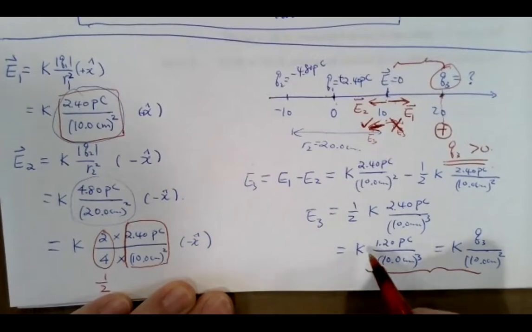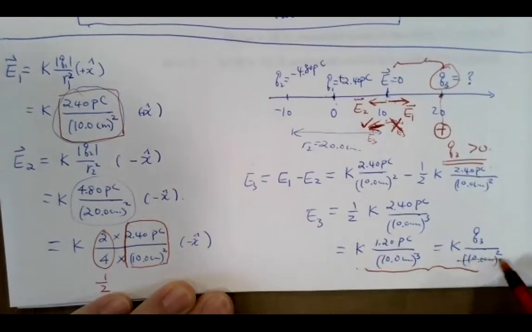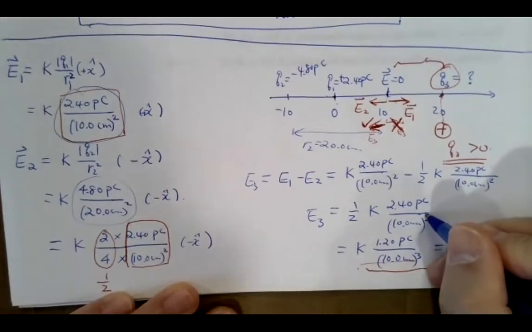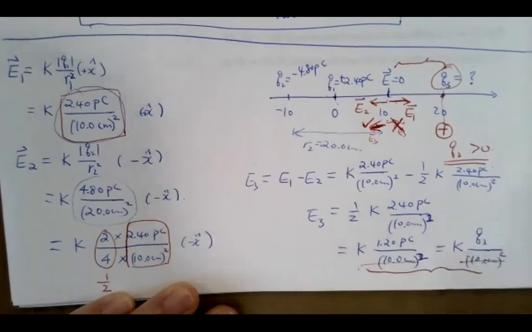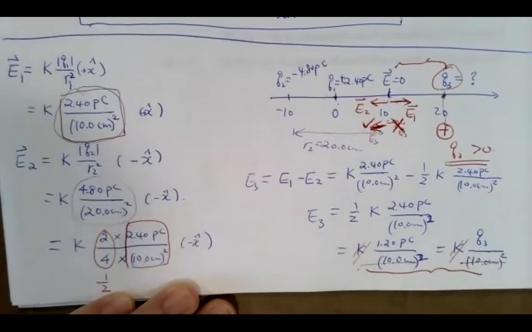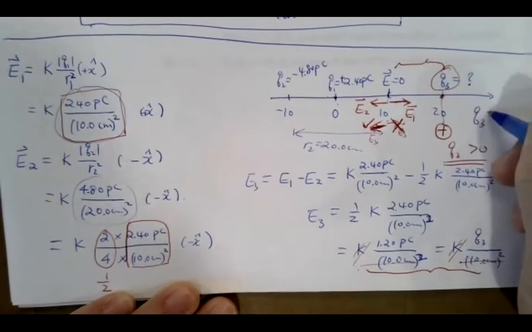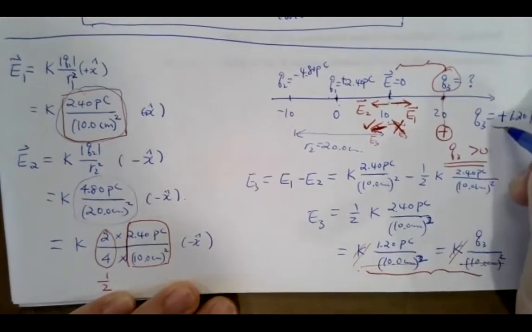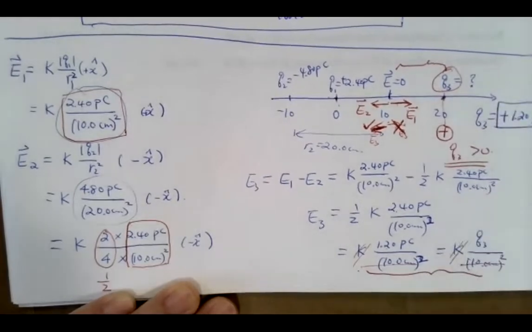That's why I didn't need to plug in the K there, because at the end the 10 and 10 squares will cancel out, and K and K will cancel out. So your Q3 is equal to positive 1.20 picocoulomb, okay?